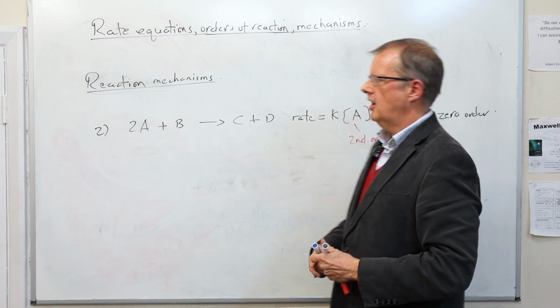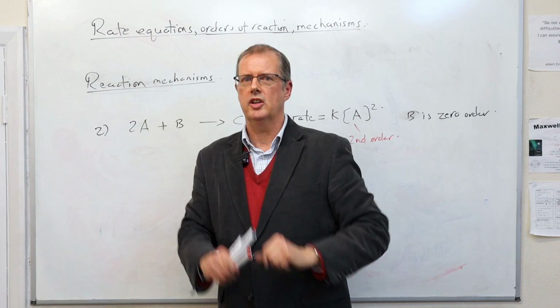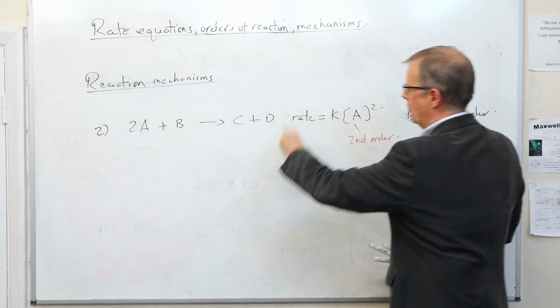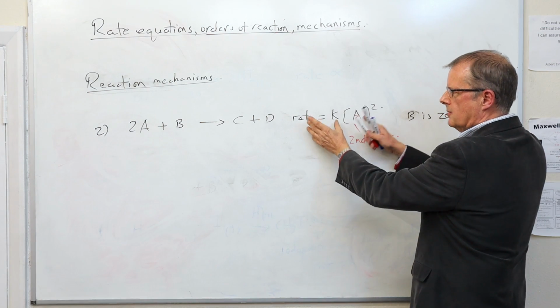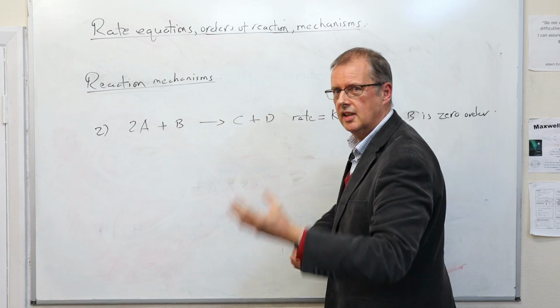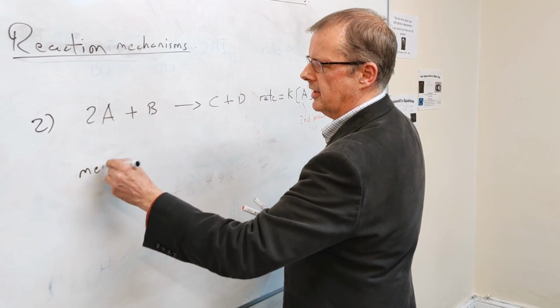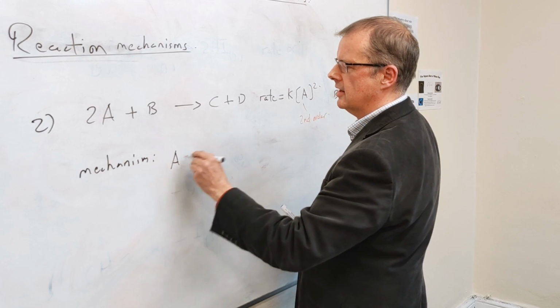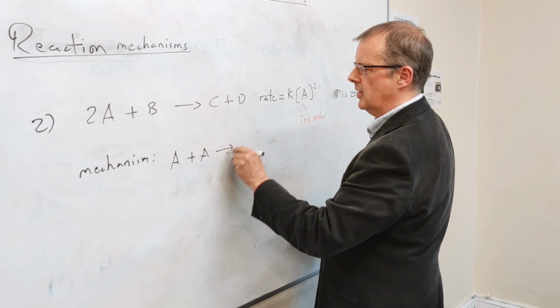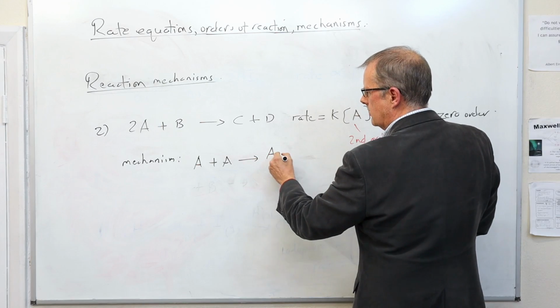Right, so we need to invent a little mechanism, a little story that explains that rate equation. This is the master really, and the mechanism is subordinate to it. Right, so a possible mechanism for this would be A plus A going to, this is where you can get inventive, well, let me just call it A2.